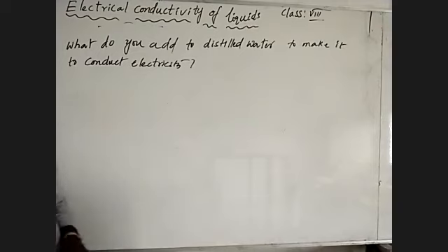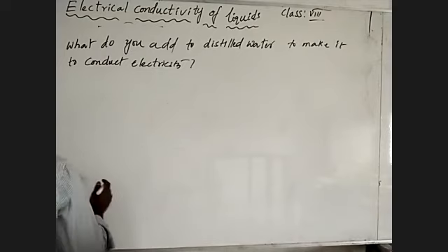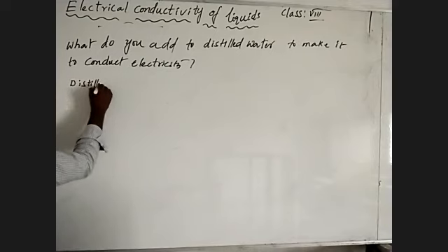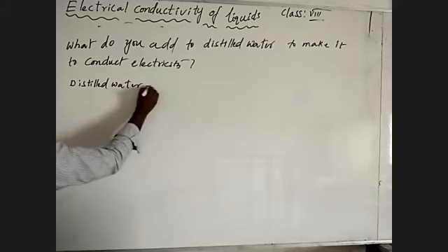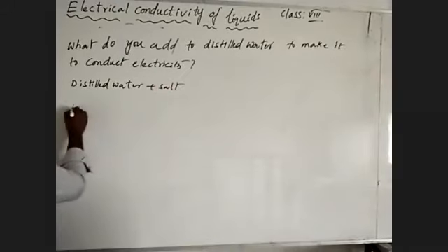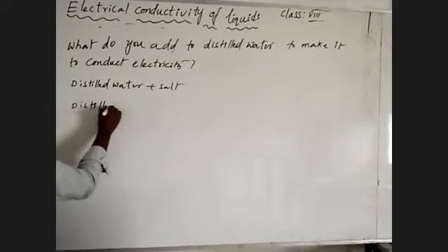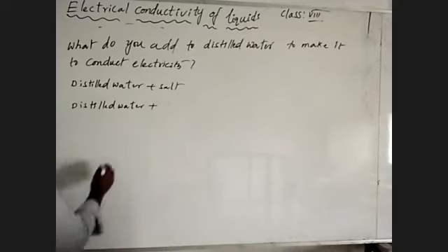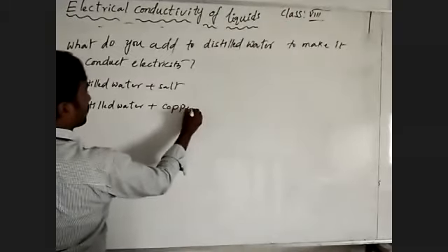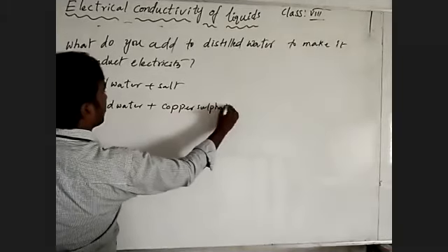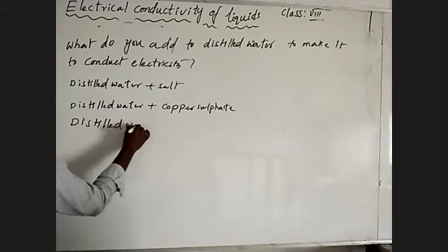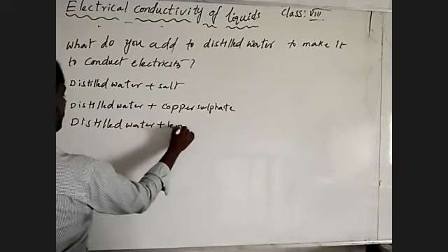We will make an electrolyte for the electric current. So what can we make? Distilled water and salt, distilled water and copper sulfate, distilled water and lemon juice.